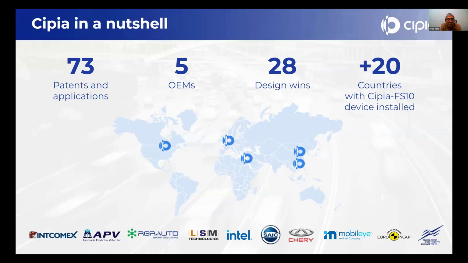Cipia is a computer vision company that has very strong algorithm capabilities together with automotive knowledge. The company has existed since 2003 and has dealt solely with automotive since 2016. We have two business lines.